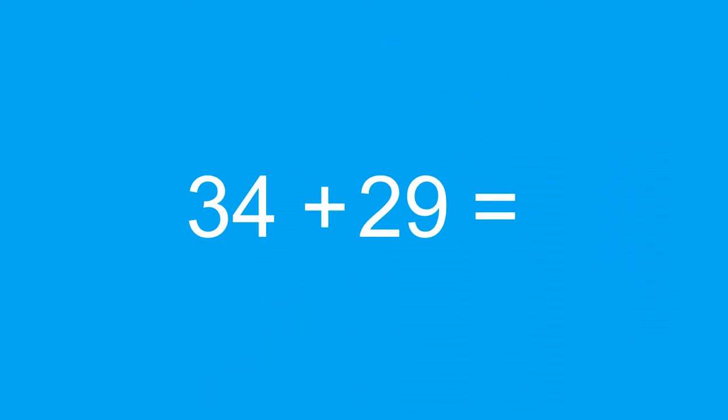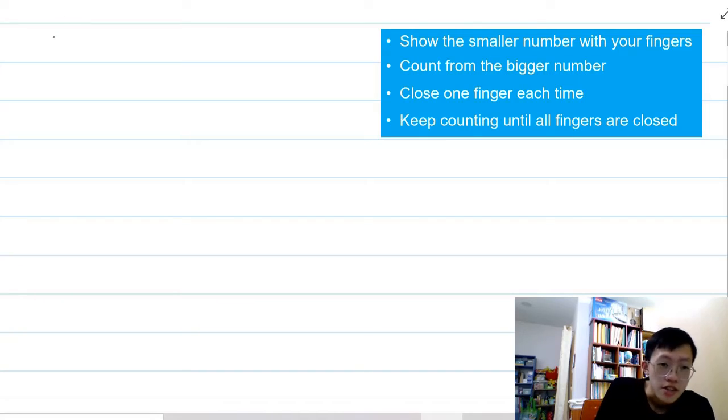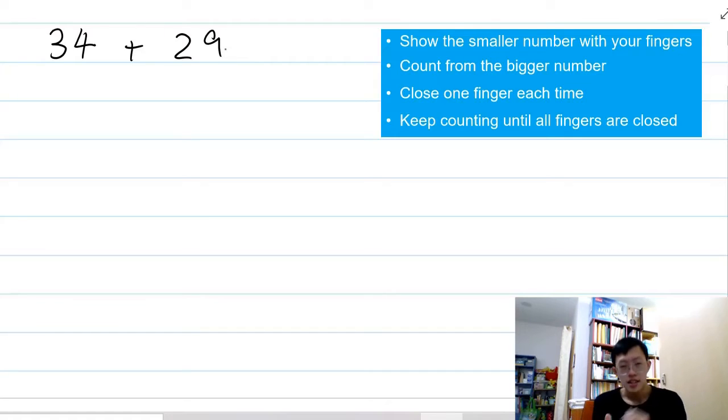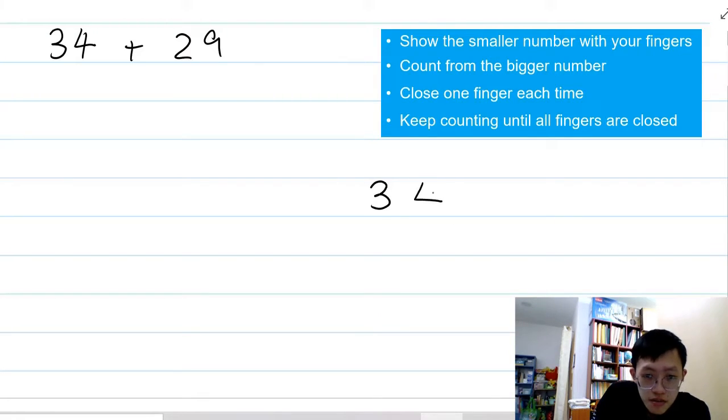Now let's try 34 plus 29. So the next question we have is 34 plus 29. Again, these numbers are too big, so we have to use our column working. Let's just do that. We write 34 plus 29.